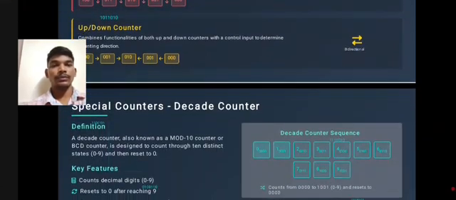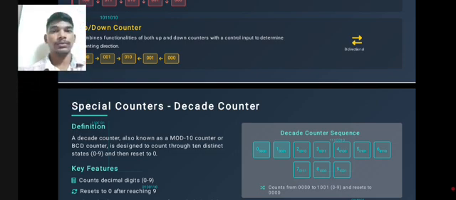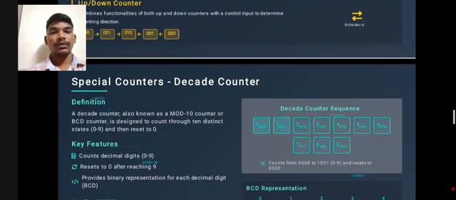Special counters. Decade counter. Definition: a decade counter, also known as a mod 10 counter or BCD counter, is designed to count through 10 distinct values, then reset to 0.